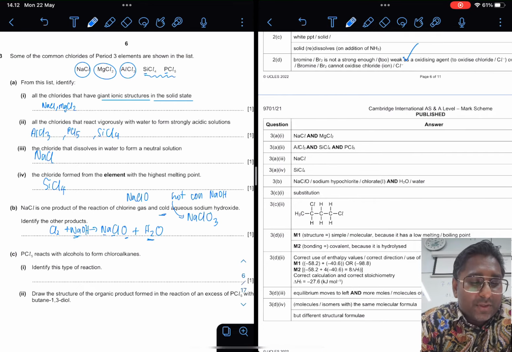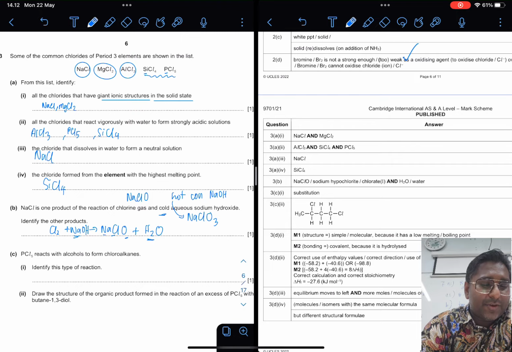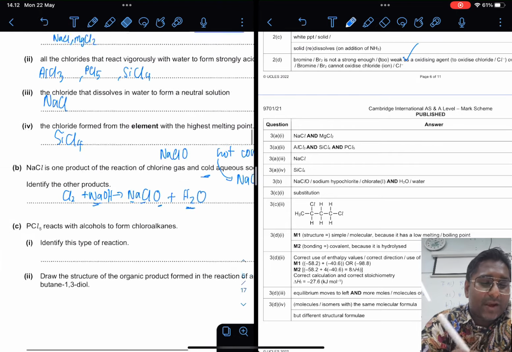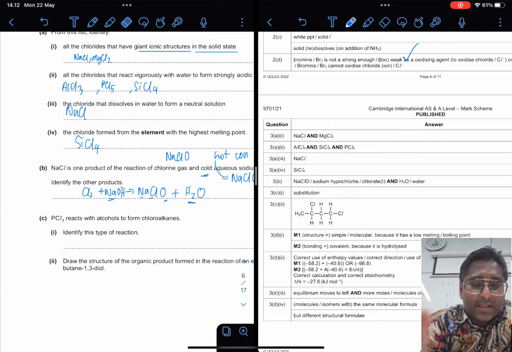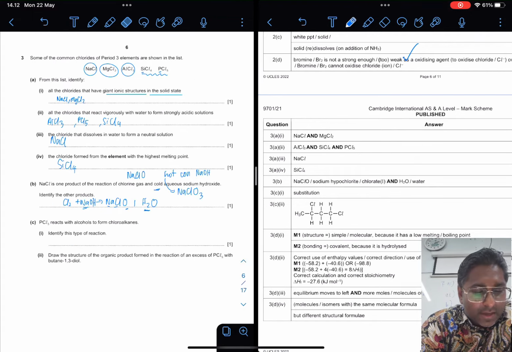So this one, they didn't ask you to balance the equation. They just asked to identify another product. The other product is going to be water. Identify the other products.